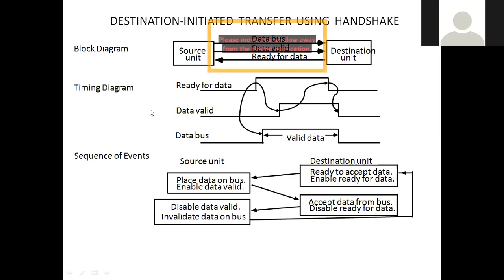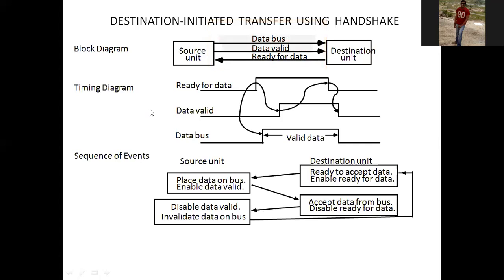Now it is telling, I received the data successfully, and if you have any data, you can send it to me by enabling the data bus. This is one of the major issues which we faced in the strobe pulse. The issue is addressed with the help of the handshaking procedure. Simply, handshaking is the destination unit giving acknowledgement to the source unit in the two cases.